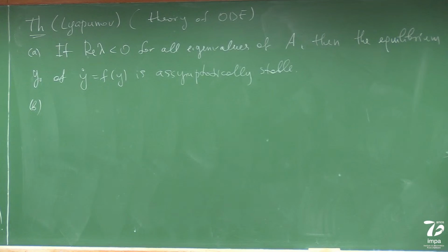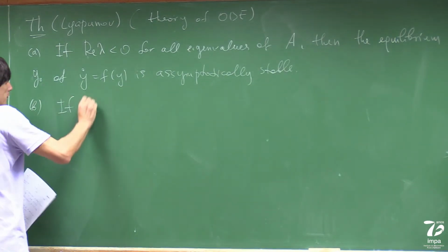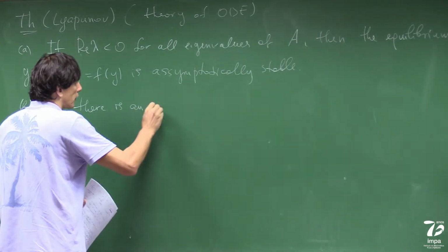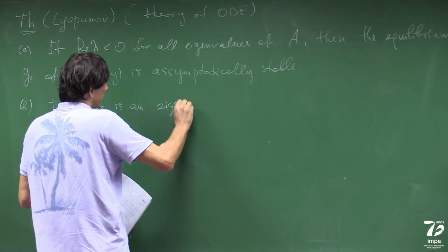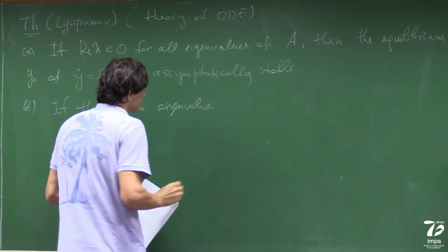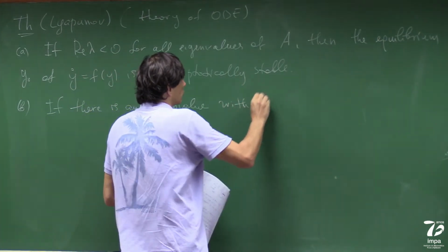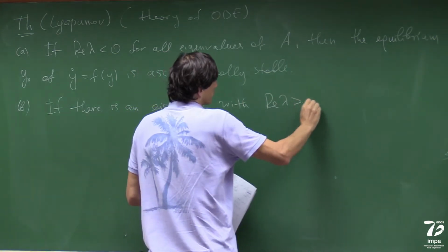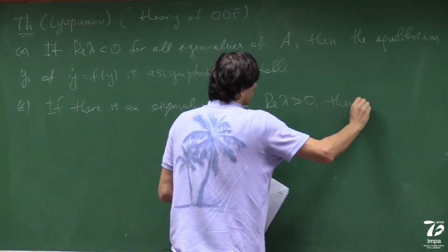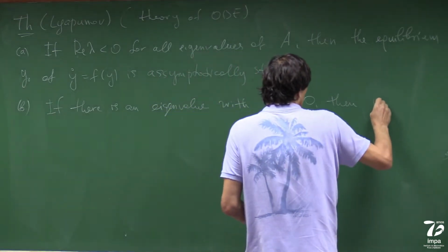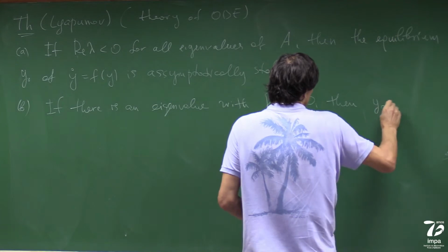And case B: if there is at least one eigenvalue with real part positive, then y0 is unstable.